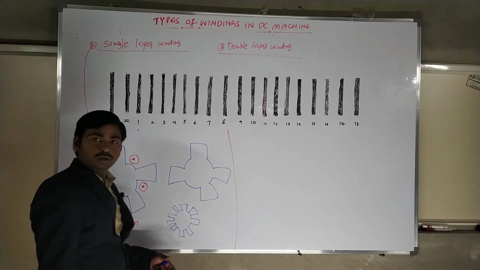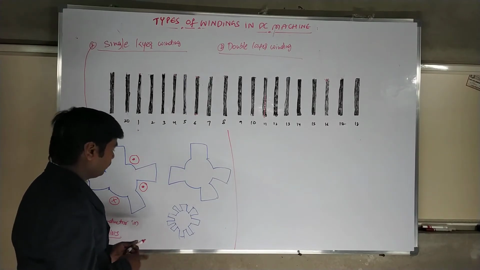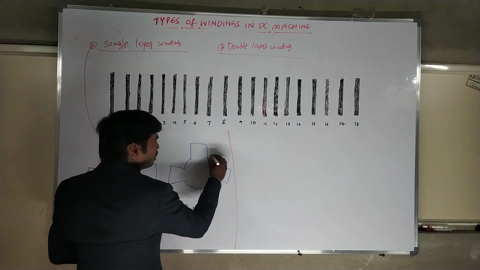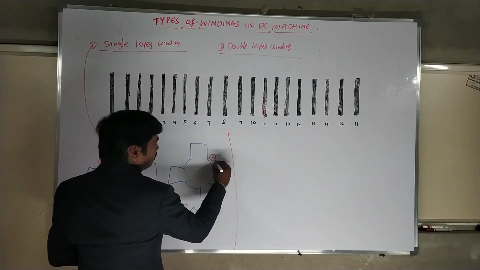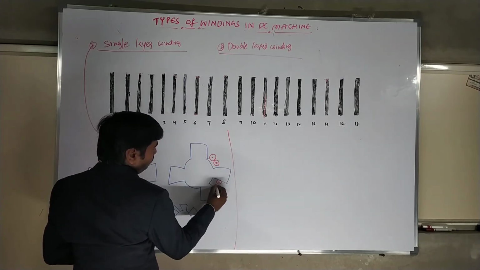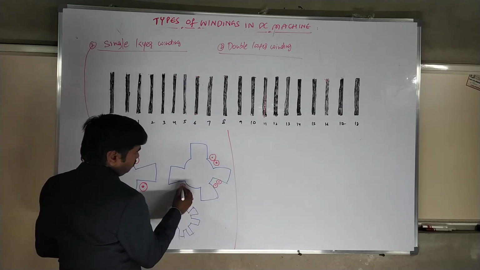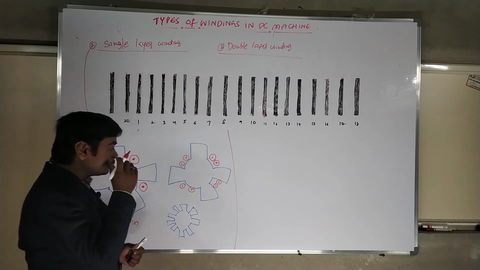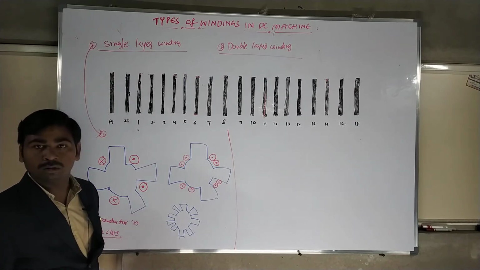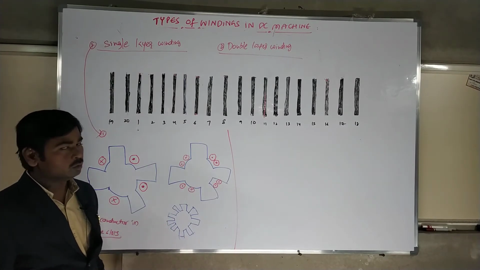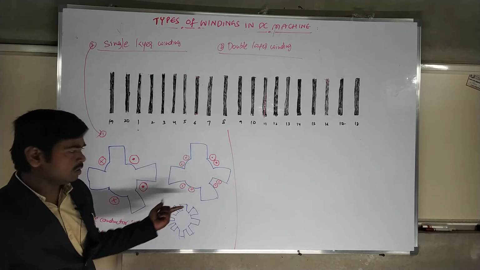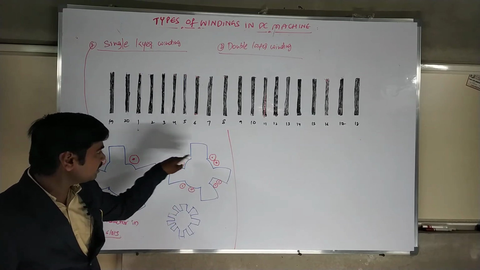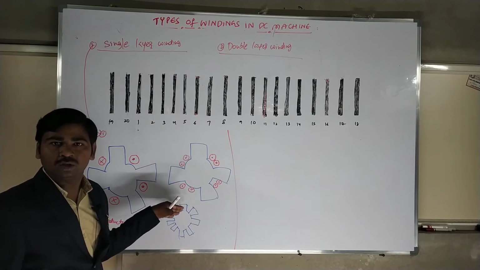There is another type possible. Here, two conductors in one slot, like this I keep. Some people think that two conductors in one slot makes it a double layer. No. If the winding is arranged like this, it looks like only a single layer. Don't think that it's a double layer winding.